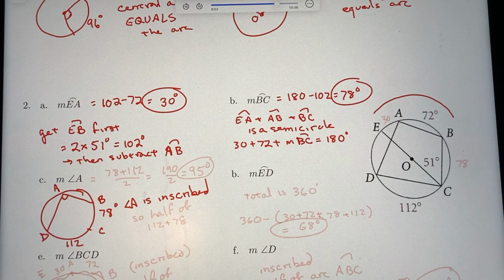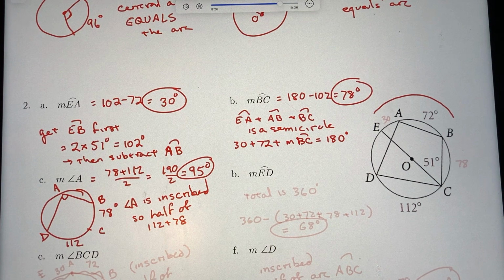And it's an inscribed angle, so it's half the arc. Okay, so we have 78 plus 112 over 2, otherwise known as 190 over 2, 95 degrees.